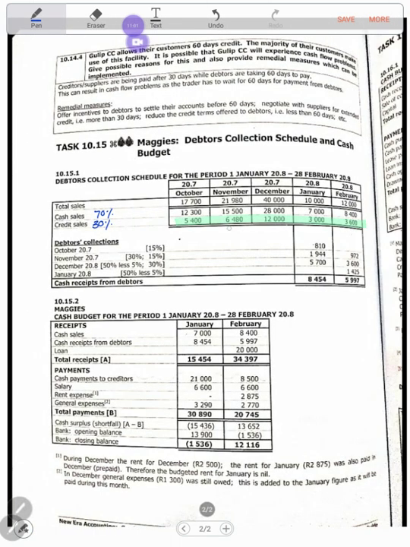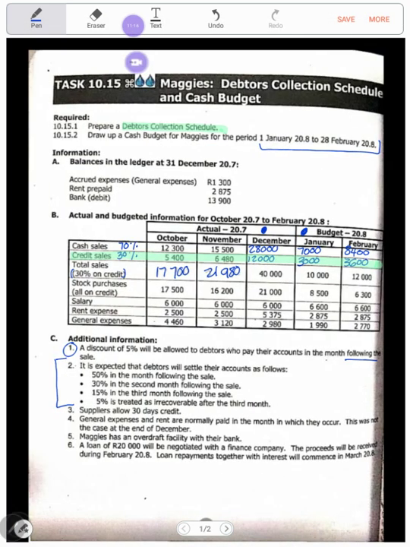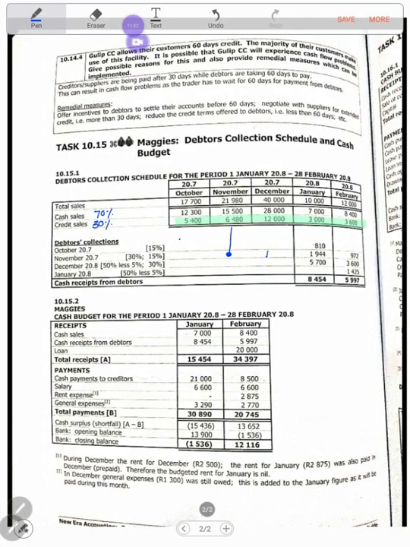So if the sale took place in November, which is over here, 50% will pay 1 month later. Is that my budget period? No, it is not. So I move on to the next expectation.